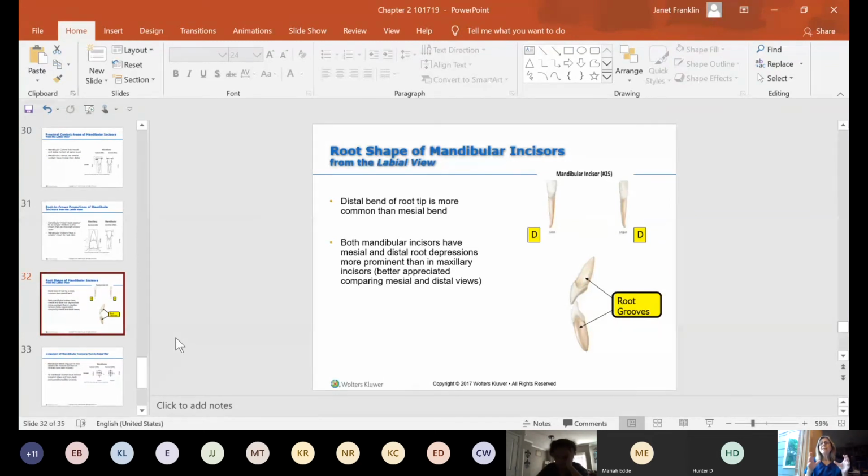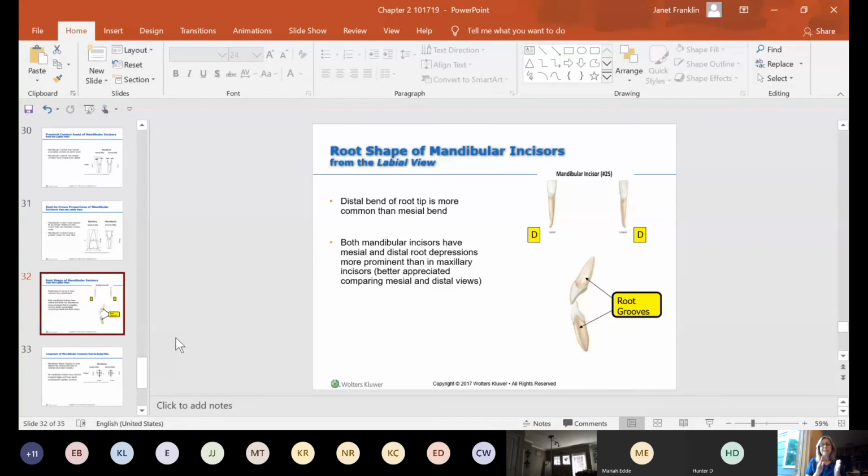When you're looking at a patient's mouth and you're doing your restorative charting, you're not going to have a picture of the root yet, unless you have x-rays already. But let's assume you don't. You're going to have to identify the incisor based on the appearance of the crown. If you have a root picture or a radiograph or an image, you will see the root bend toward the distal most of the time.